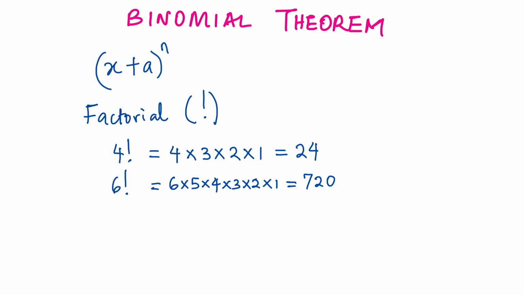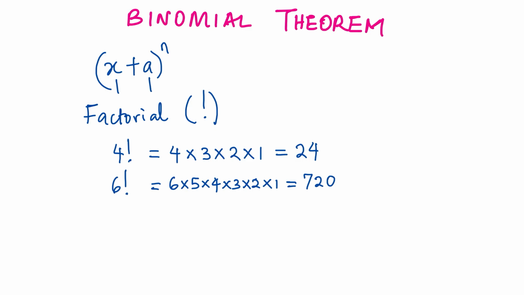Now, the factorial is mainly used when we are referring to permutation and combination. And the Pascal's triangle is actually an application of combinatorial mathematics, where you're looking at all the different combinations when you multiply the first term in your expression, which is x, and the next term, which is a in this case.